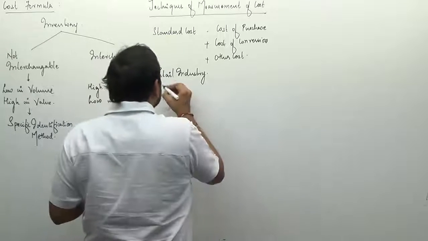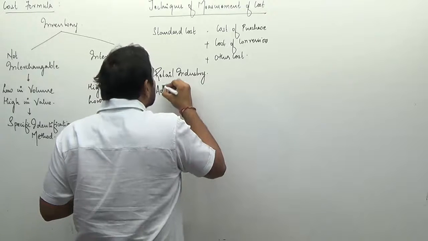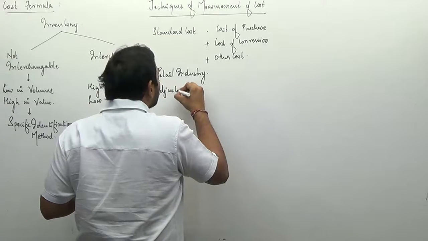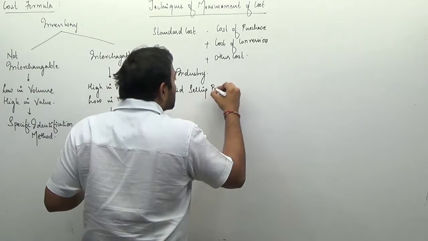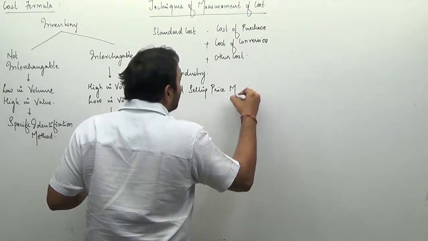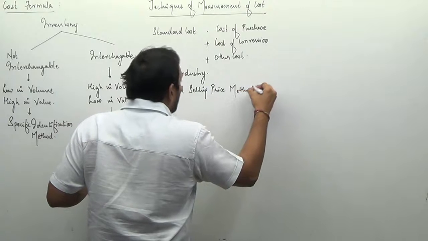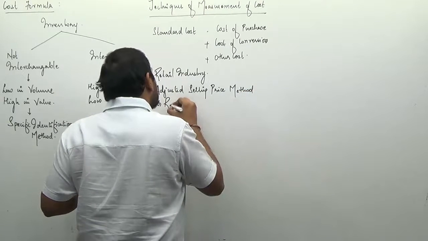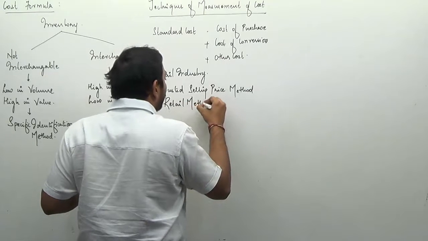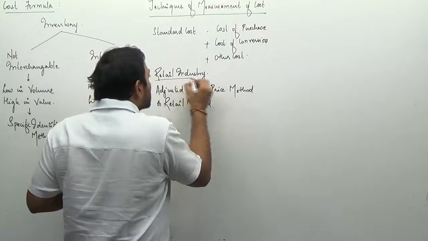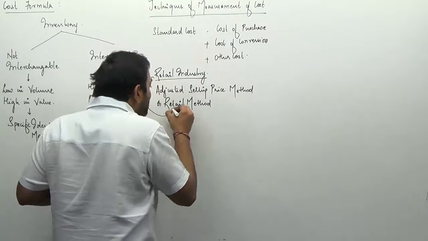So here in a retail industry, we go by adjusted selling price method. Adjusted selling price method, or this is also called as retail method. Since it is used in retail industry, I am giving this name as retail method here.